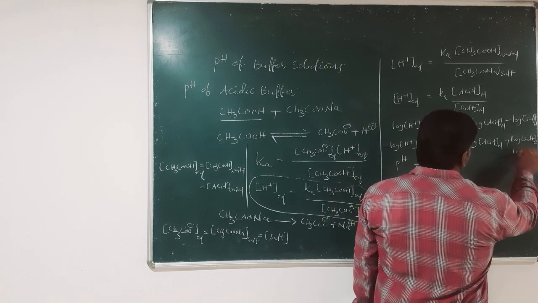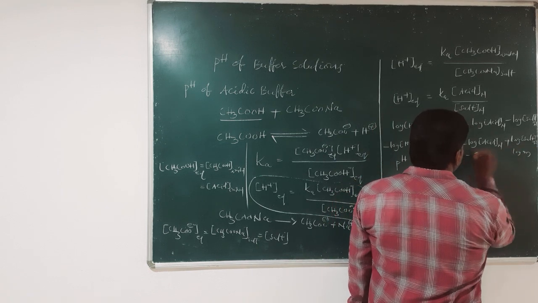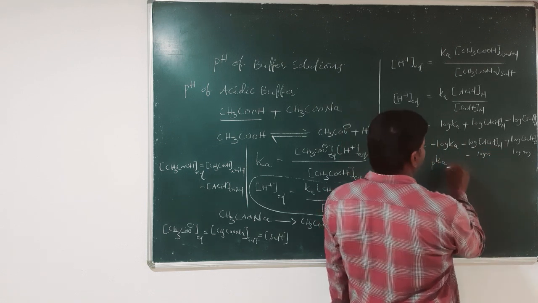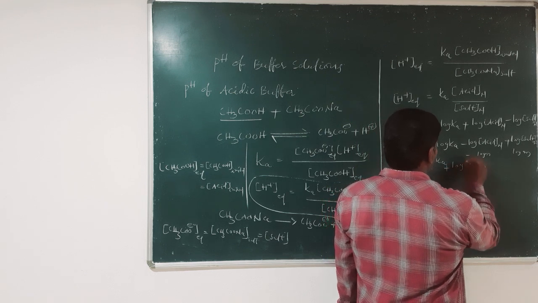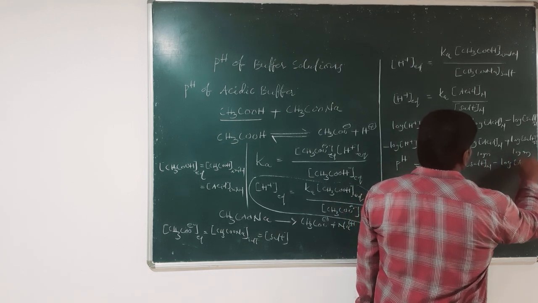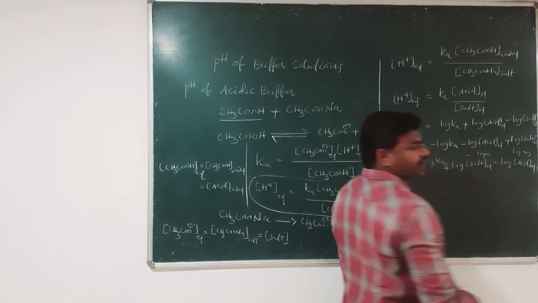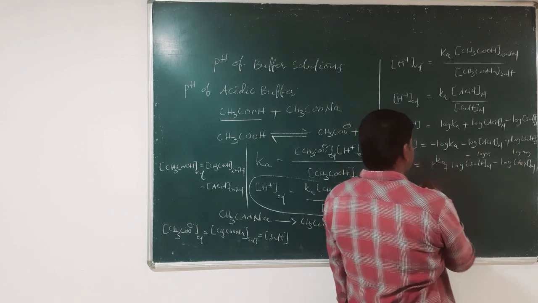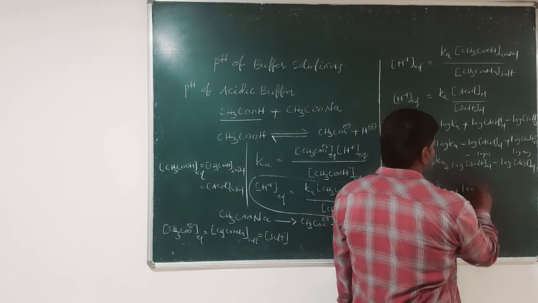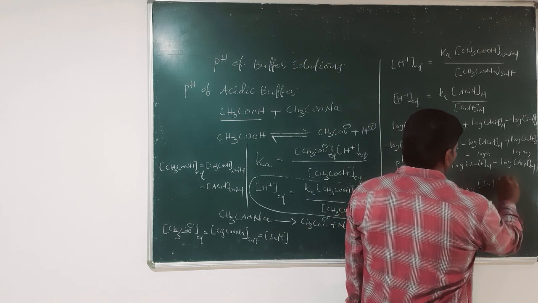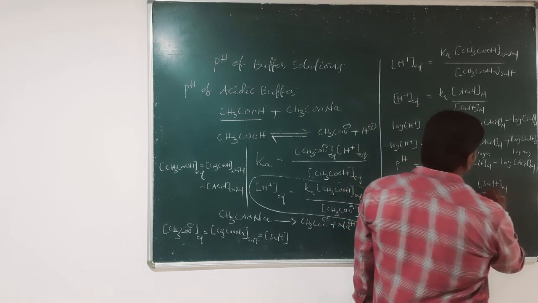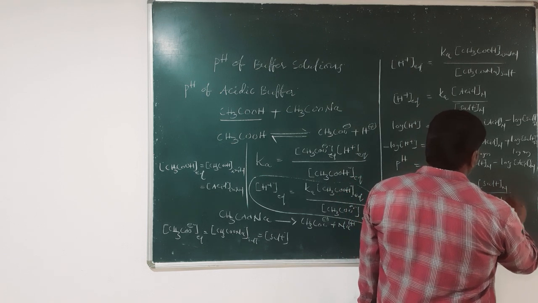this is in the form of log m minus log n. So we can write it as log m by n, that is log concentration of salt minus log concentration of acid. Okay, so it is in the form of m minus n, then we can write pH is equal to pKa plus log concentration of salt by concentration of acid.